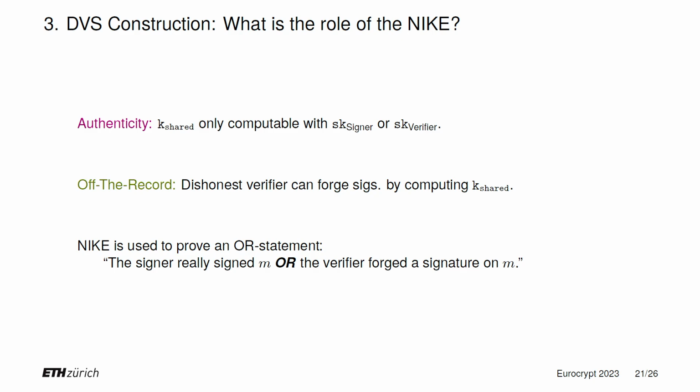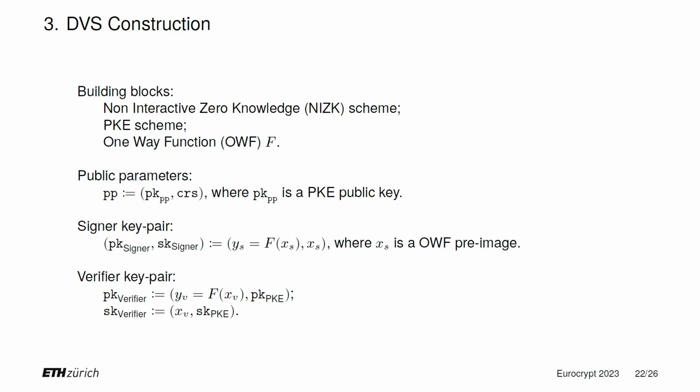Taking this into account, let's come up with another scheme. Now we will use a NISC, a PKE scheme, and a one-way function as building blocks. This time we will have public parameters: the CRS for a NISC, and a public key of this PKE scheme.